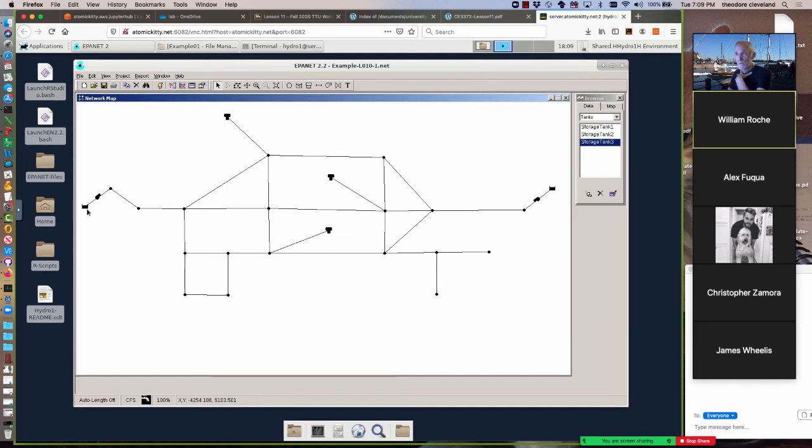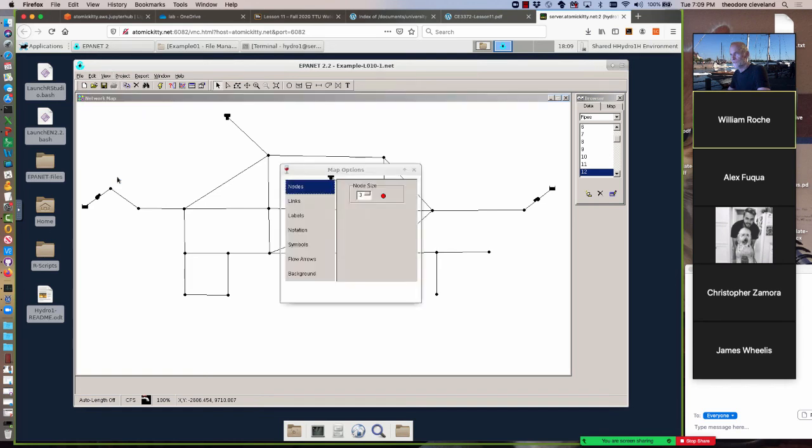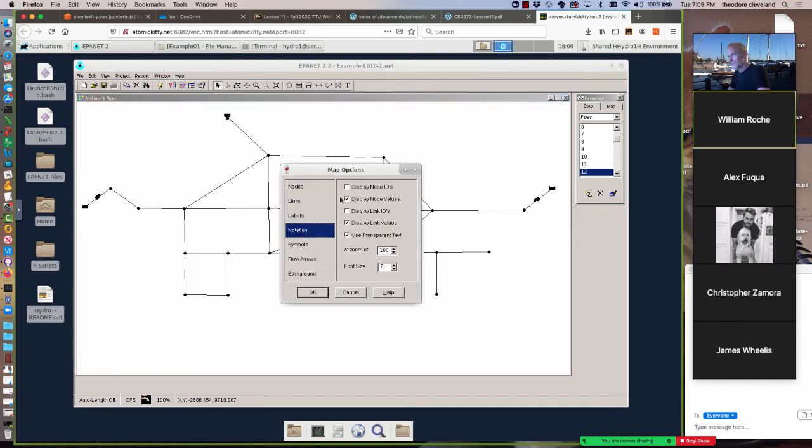Tanks, you're welcome. And the left reservoir, the right reservoir, pump number 2, pump number 1, and then the various junctions and pipes. So let's go ahead and turn on some annotations so we can see what we're looking at. If we go to the view options, we go to notation.